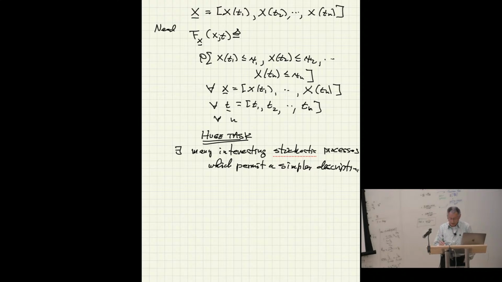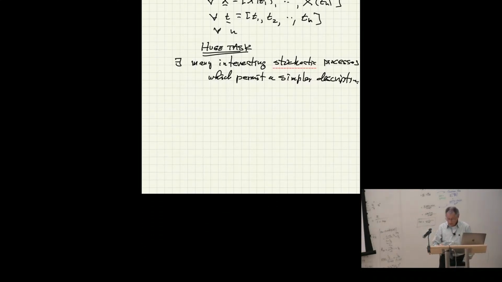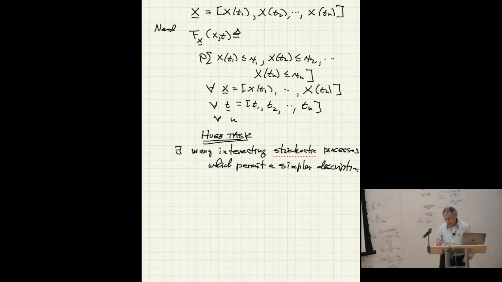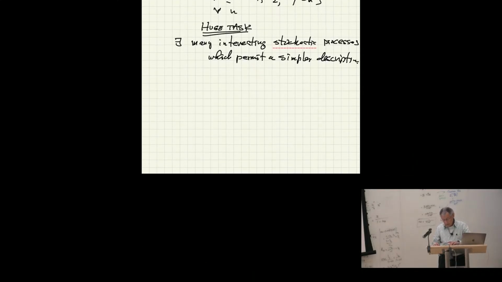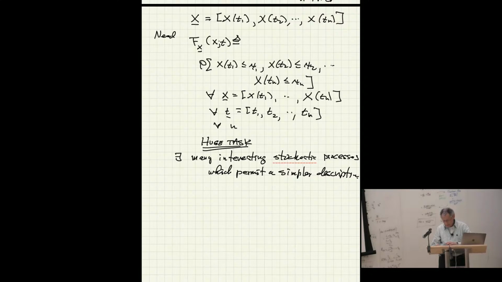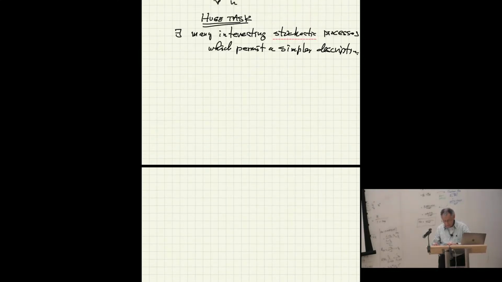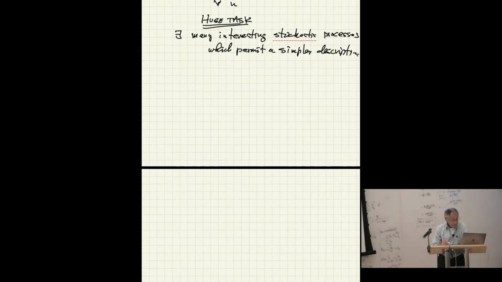So I'm going to take you through a few of those. Because this thing up on top is really a huge task, and one that's very difficult to do in general. So in some sense, we're going to limit ourselves to the things we can handle. But they're very interesting cases. Okay. So case A. Something you've seen before, something called a stationary process.